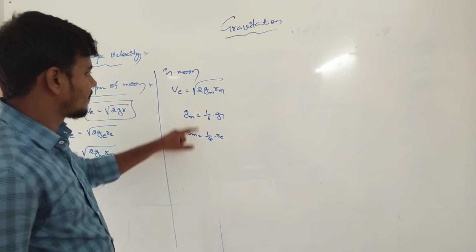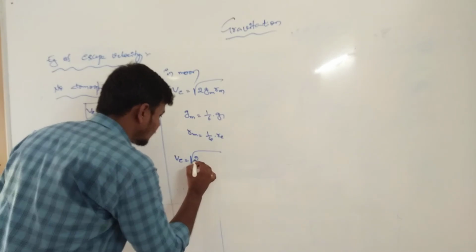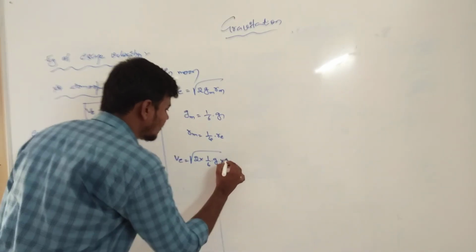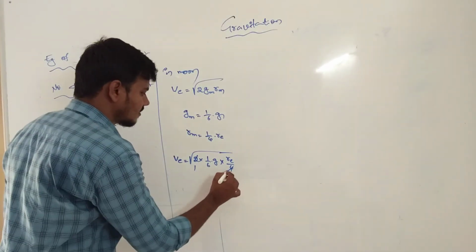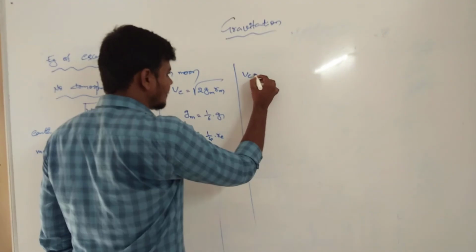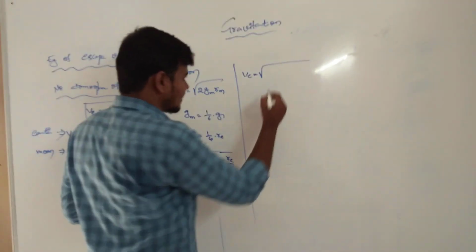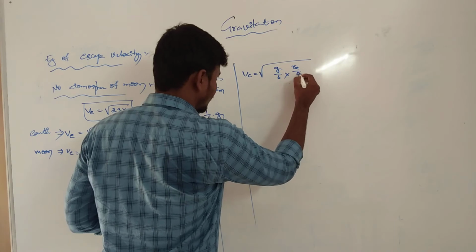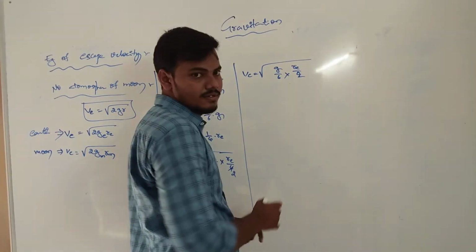Now VE is equal to the square root of 2 into 1/6 into G into RE by 4. Two ones are two, two twos are four. Next, VE is equal to the square root of G by 6 into RE by 2. Next, 6 twos are 12.